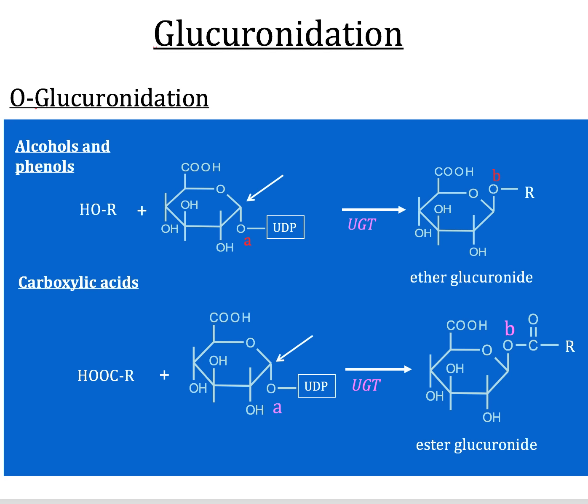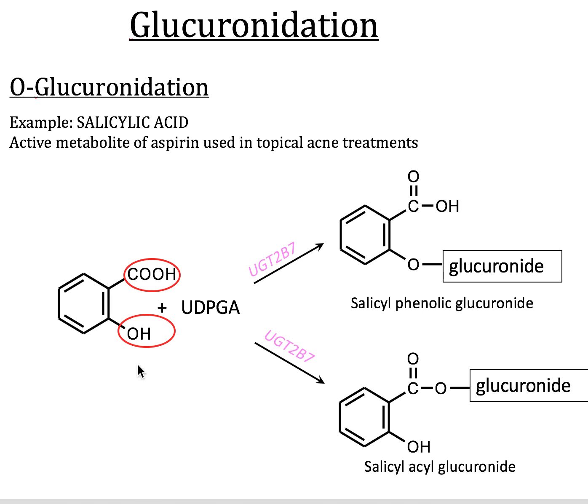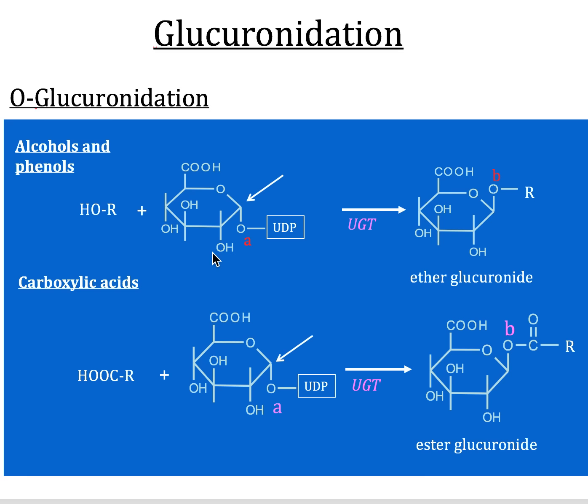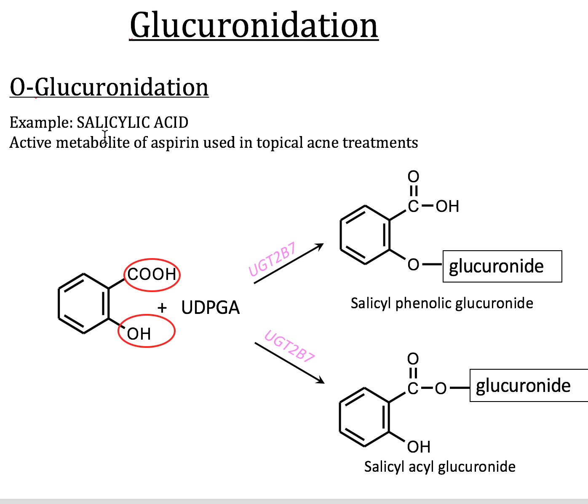Now, another example would be salicylic acid. Here you have both alcohol and a phenol, right? And now notice the difference. If you were to convert the alcohol first, UDPGA is a donor, and you're using UGT2B7 this time. So salicylic acid is the active metabolite of aspirin, used in topical acne treatment.